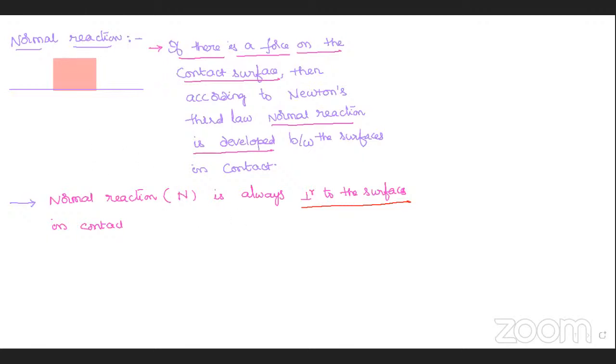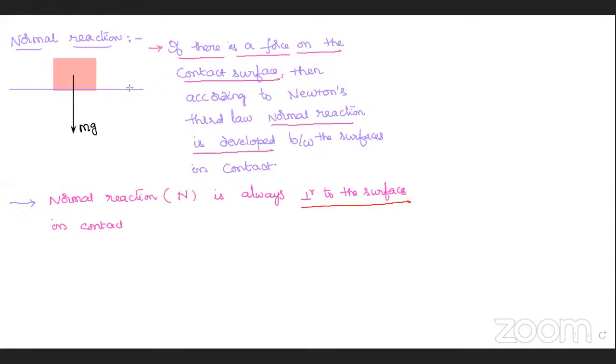In this case, after placing the block, no need to apply any external force. Obviously, the weight acts in what direction? Always downwards. This is mg towards the center of the earth. So already some force is there on the surface, so immediately the surface creates some normal reaction.